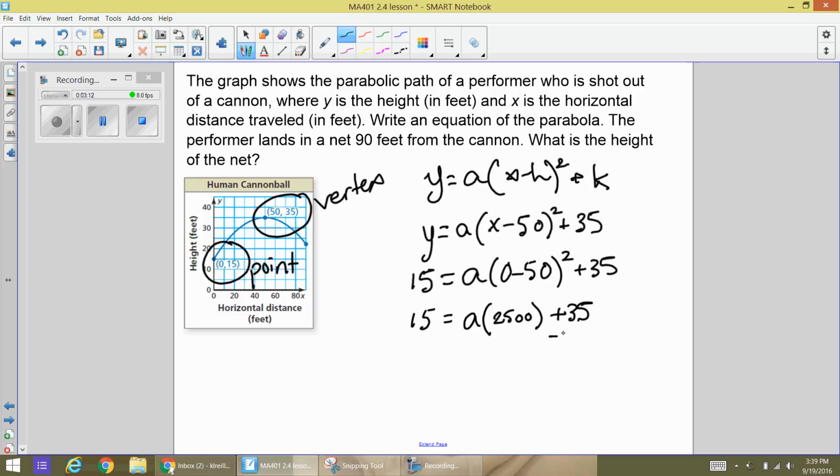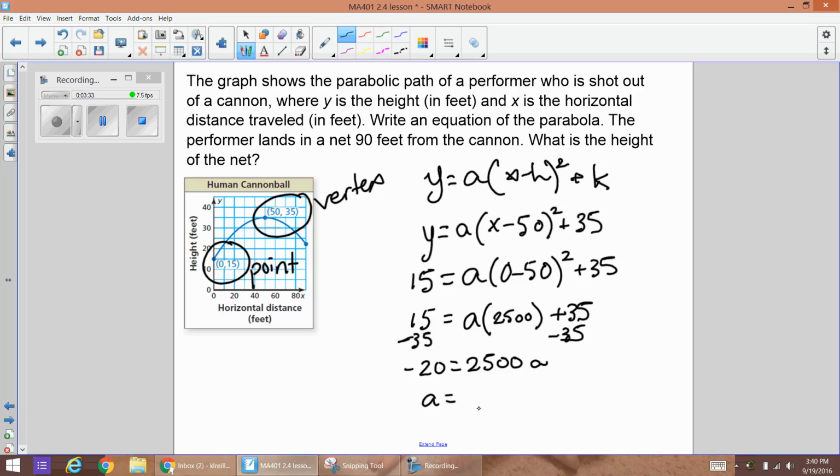What we want to do is subtract the 35 to the other side. So we have negative 20 is 2,500a. So now in our calculator, go ahead and do negative 20 divided by 2,500, and I have that a is equal to negative 0.008.